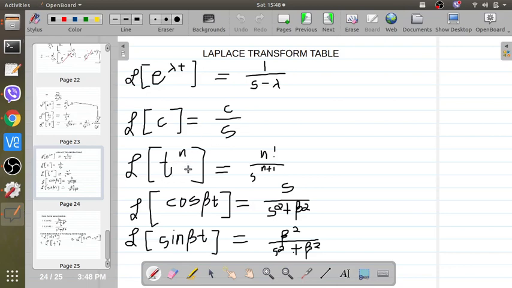The Laplace transform of t to the power of n is n factorial over s to the power of n plus 1. The Laplace transform of cosine bt is s over s squared plus b squared. The Laplace transform of sine bt is b squared over s squared plus b squared.